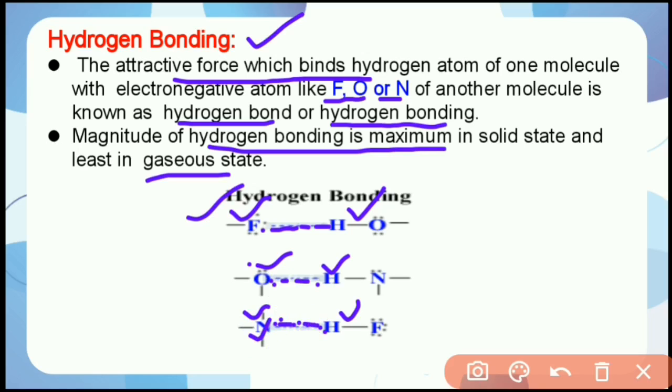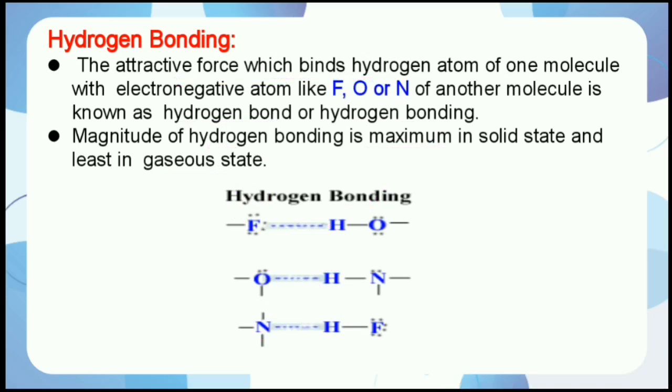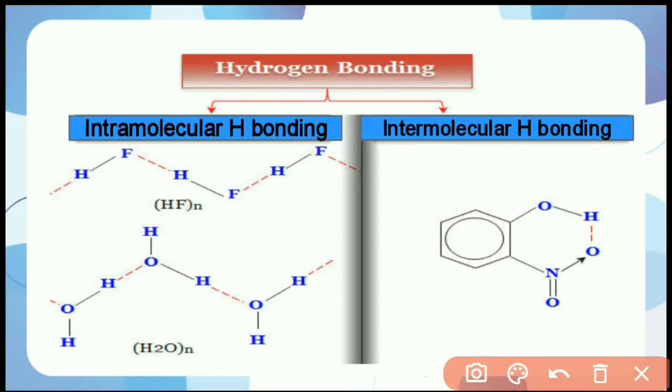So hydrogen bonds form with three highly electronegative atoms, that is fluorine, oxygen and nitrogen. Hydrogen bonding is of two types: intermolecular hydrogen bonding and intramolecular hydrogen bonding. Intermolecular hydrogen bonding occurs between two similar molecules.